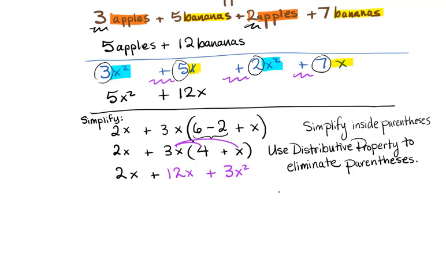So at this point, we have simplified inside parentheses. We've used the distributive property to eliminate parentheses, and now we need to combine like terms.